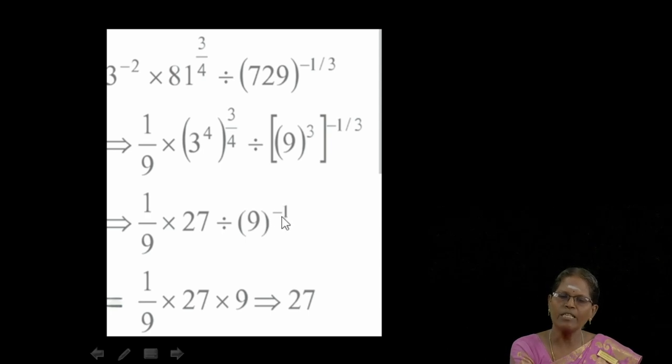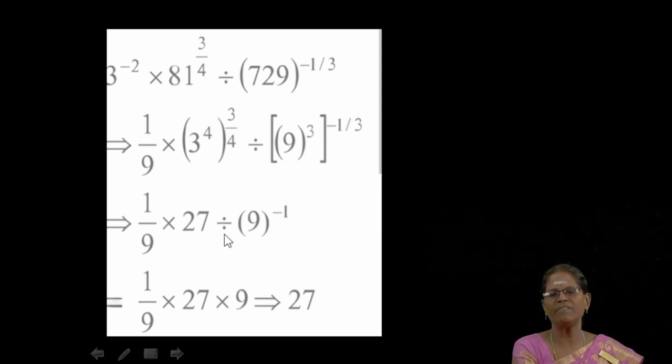9 to the power minus 1 can be written as 1 by 9 to the power 1. But here we are having division form. So when we have division form, a to the power m divided by a to the power n is a to the power m minus n. So 1 by 9 into 27 and into 9.